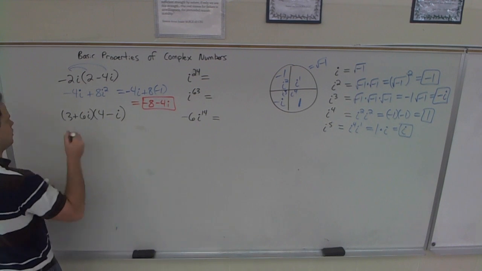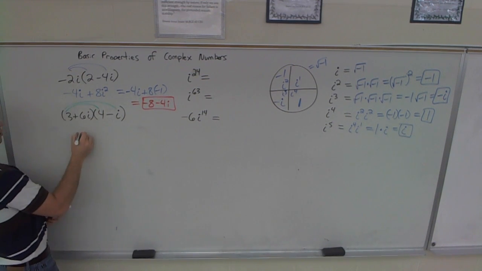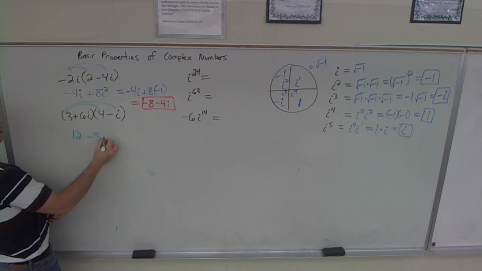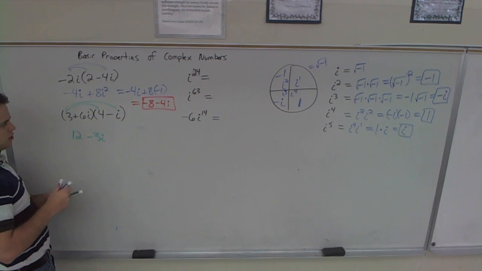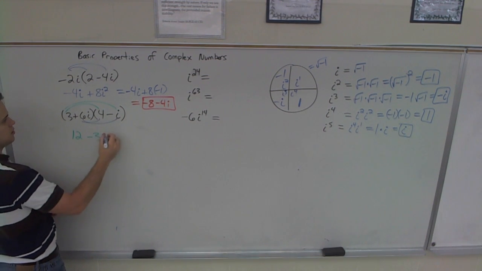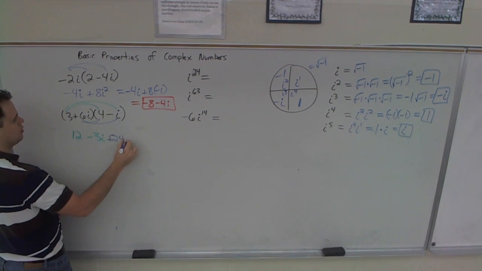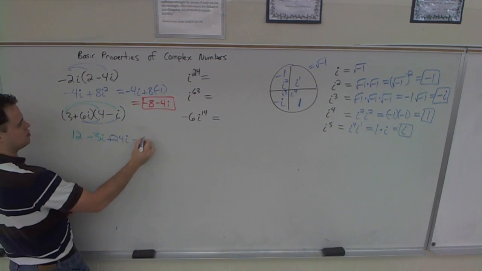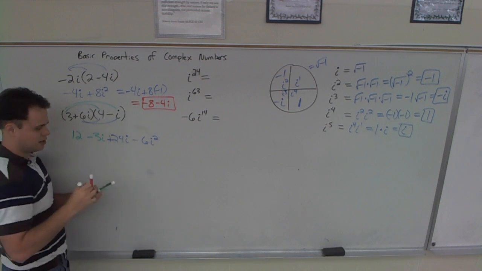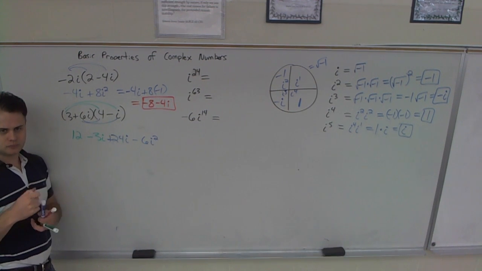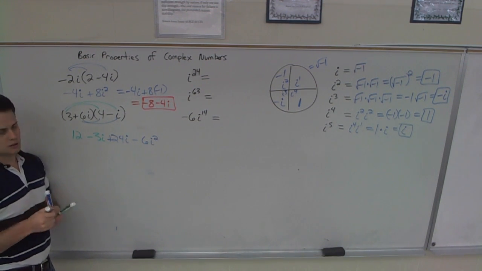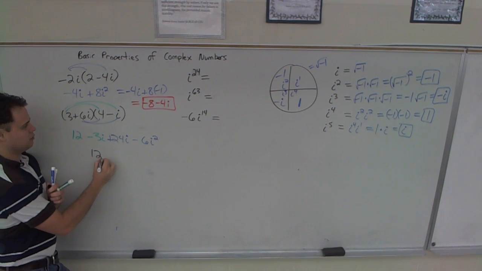So you could go like this times this, so that's 12 minus 3i, and then you could go this times this, which is 24i, positive 24i, minus 6i squared. Any like terms in there? Well, yeah. We've got 12.